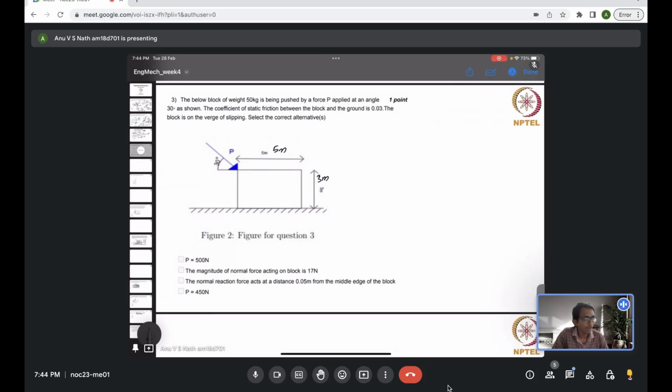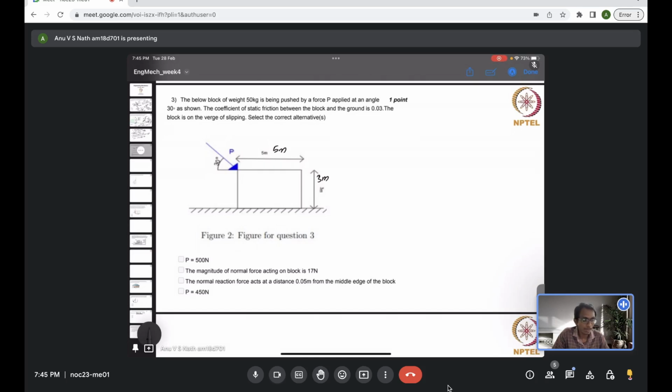Oh, okay. I think I mentioned something wrong. Here the weight will anyway act through the centroid. Remember, the normal reaction does not necessarily need to pass through the centroid, because the loading is not passing through the centroid. So for the system to be in equilibrium, the normal reaction may be offset from the centroid by a certain distance, and the third option mentions that it's offset by 0.05 meter.